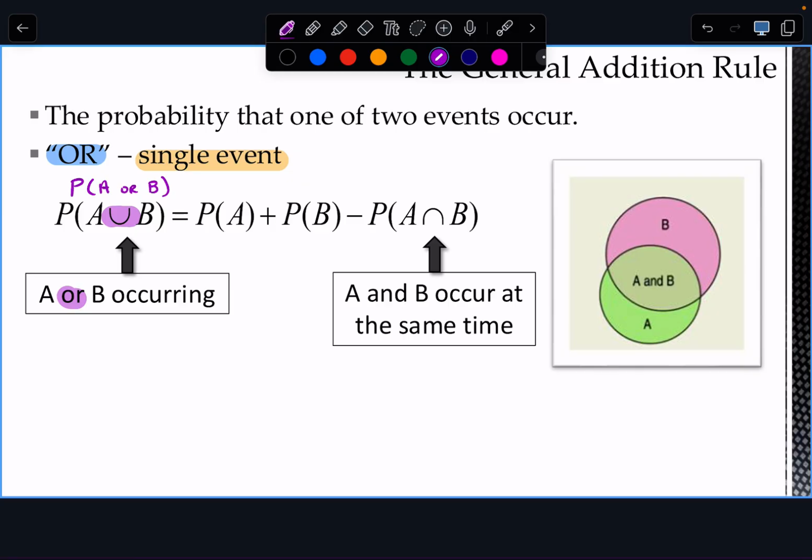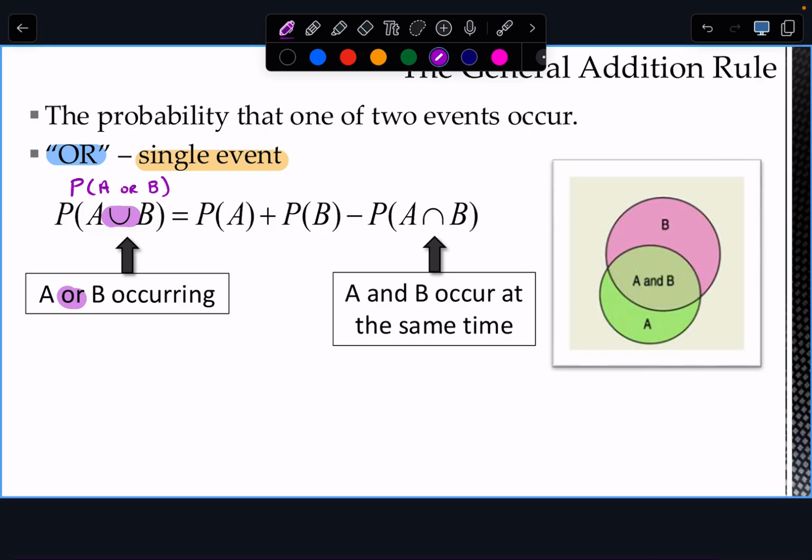Now as we look at the formula, the first part of it is pretty intuitive. If I want this event or the other to happen, it should make sense that I take the probability of the first event plus the probability of the second event. I want all of these outcomes plus all of these outcomes together, because either one would satisfy what I'm looking for. Now the problem is, and this is where that mutually exclusive discussion we just had comes in, if my events are not mutually exclusive.